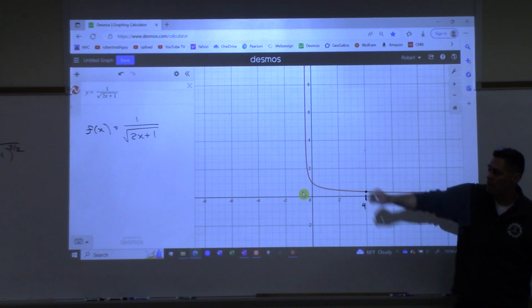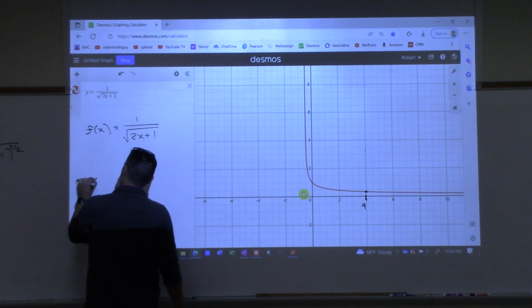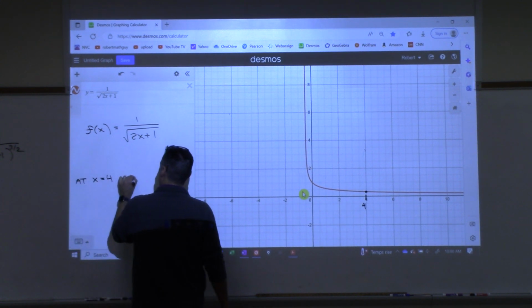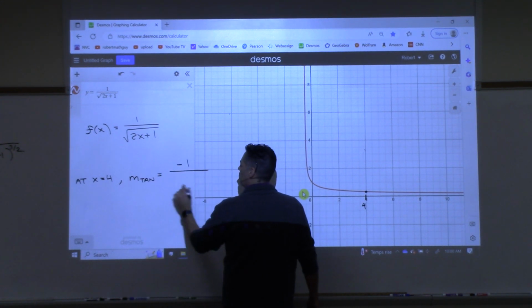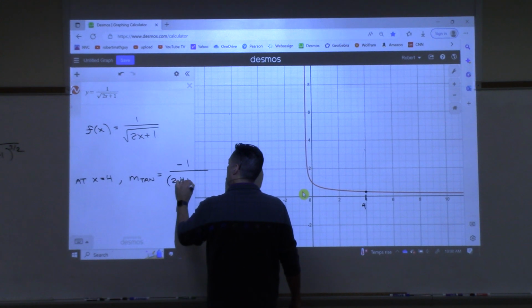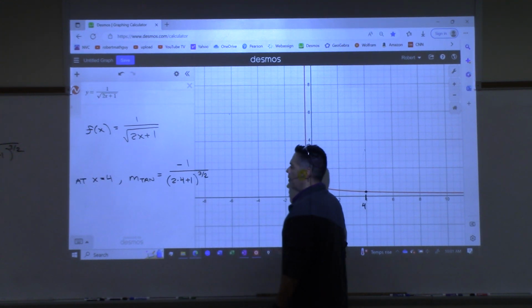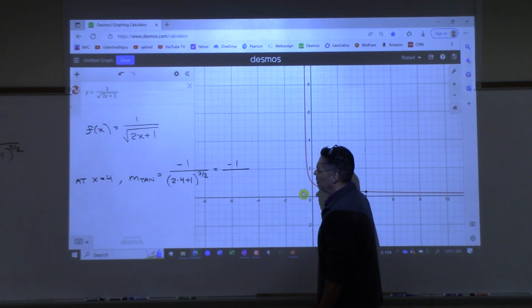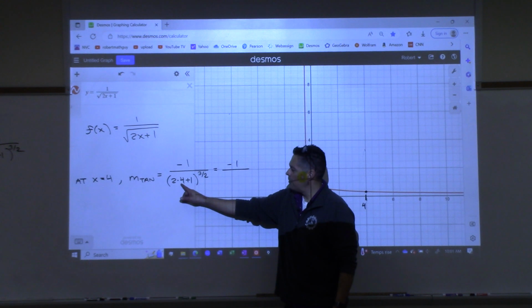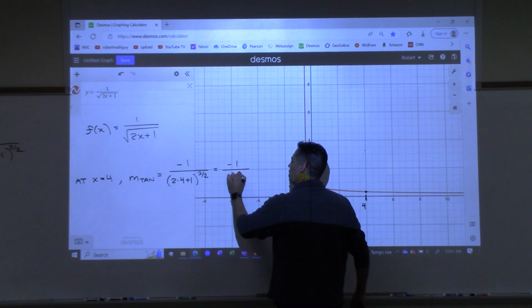So at x equals 4, the slope of the tangent line will be equal to -1 over 2 times 4 plus 1 raised to the 3 halves. Which is equal to -1 over, 2 times 4? 8 plus 1, 9, right? So the bottom is 9 to the 3 halves.